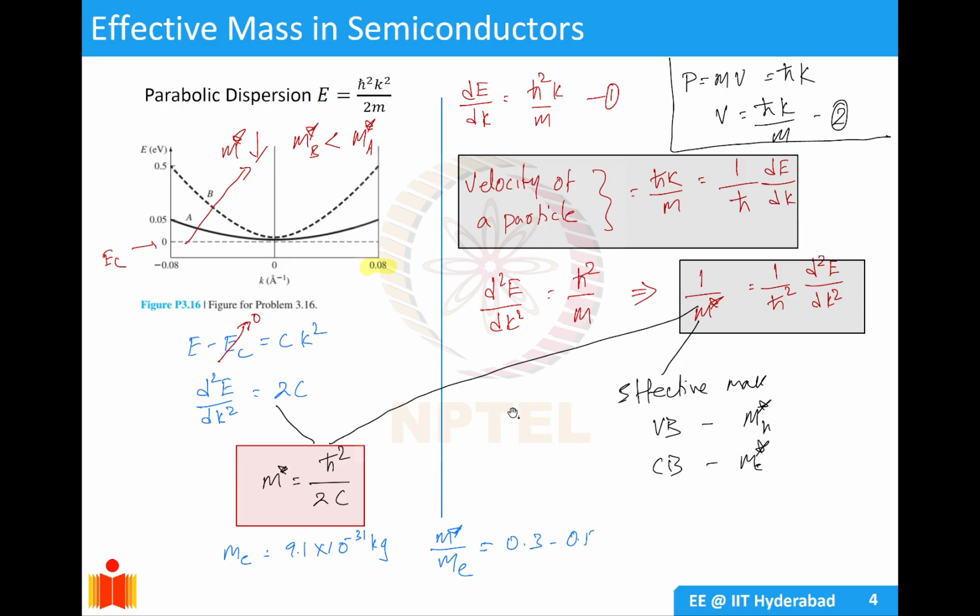And from this, you can calculate other parameters. Typically in the case of silicon, your m star is generally between 0.3 to 0.5 m naught.